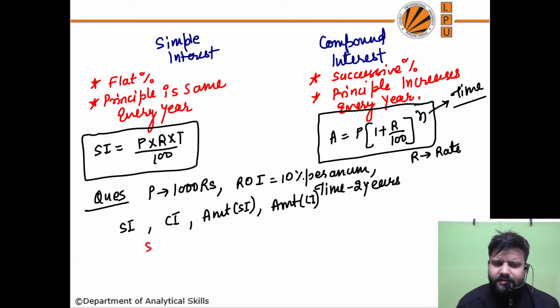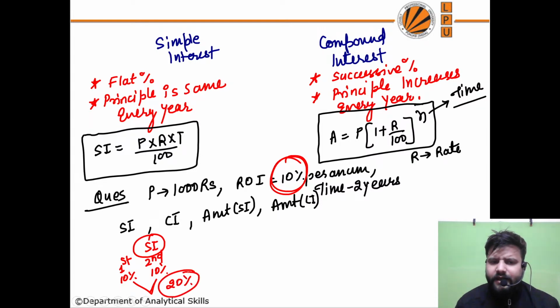So simple interest is simple. Every year you will be getting 10%. It means first year you will be getting 10%, in second year also you will be getting 10%. Since the base is same, I can add them. So how much percentage are you getting in total? After 2 years you are getting 20% of your principal in simple interest. So the simple interest is 20% of this, isn't it?